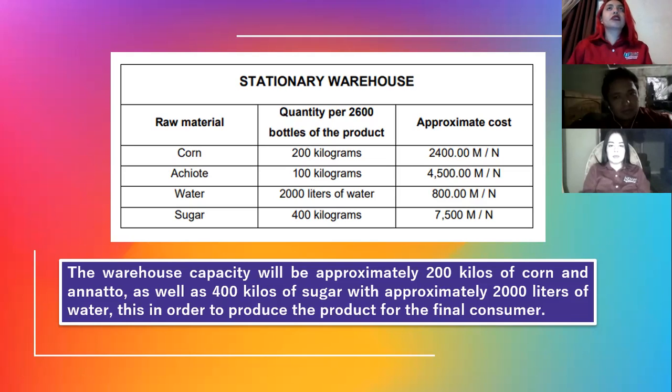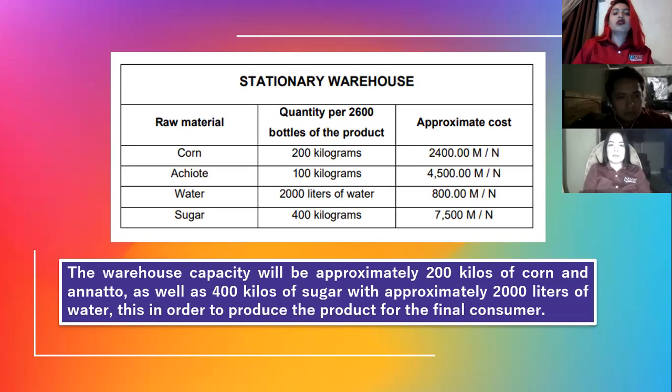This is the quantity that we need to produce 2,600 bottles of the product. So the warehouse capacity will be approximately 200 kilos of corn and achiote, as well as 400 kilos of sugar, with approximately 2,000 liters of water.